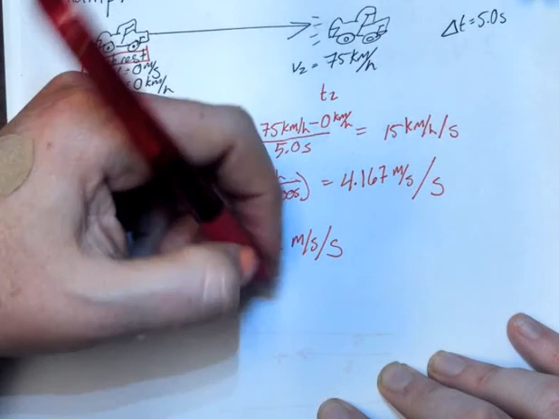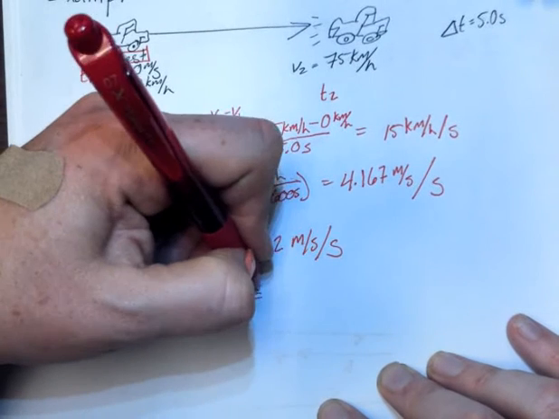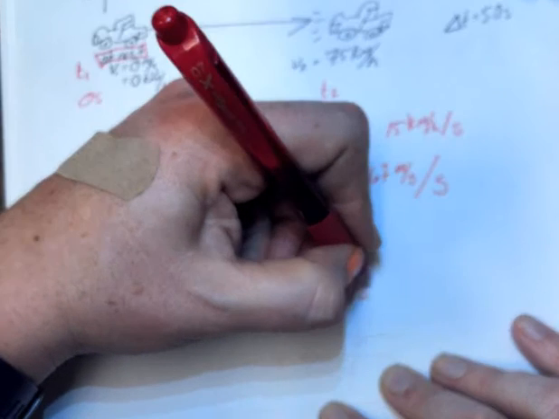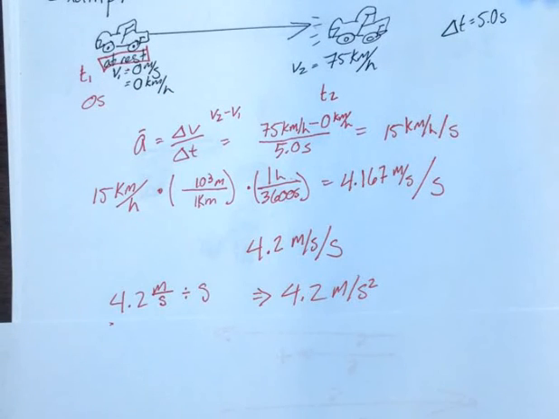So that means that this value is actually 4.2 meters per second squared. And this is the SI unit for acceleration. In almost every situation, acceleration is going to be reported as meters per second squared. It's meters per second changing per second.